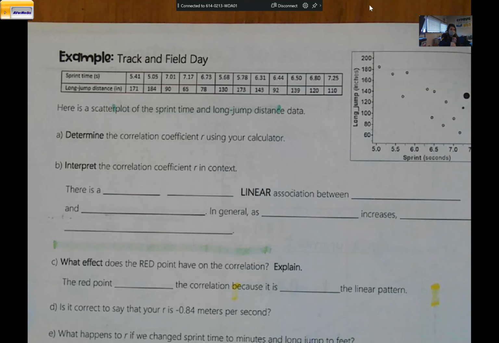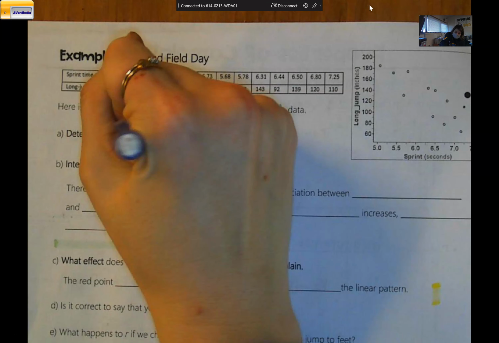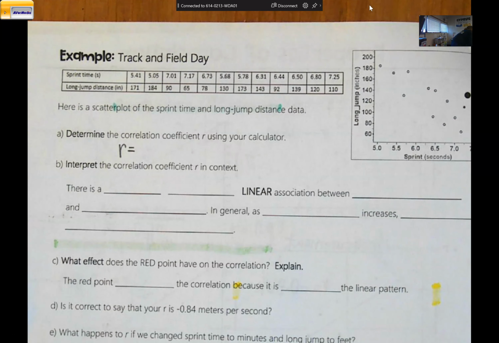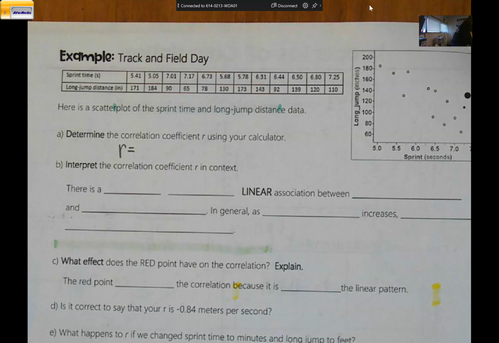What'd you guys get? Let me get my notebook to double check you. If you didn't get it yet, be doing it while I'm double checking. I got negative 0.84.